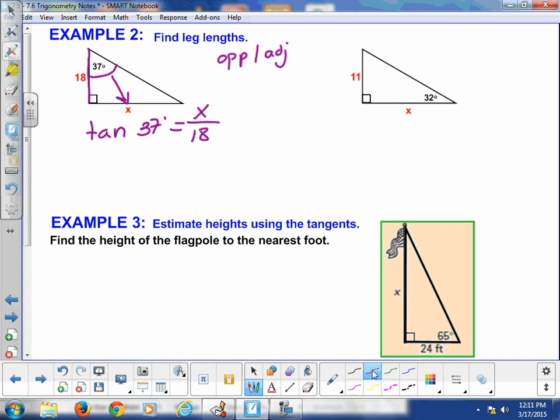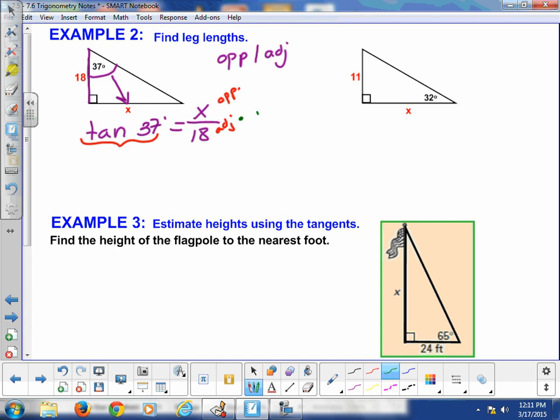Right, guys? Another thing I want you to know is that tan 37 is one number. Tan is not separate from 37. They belong together.